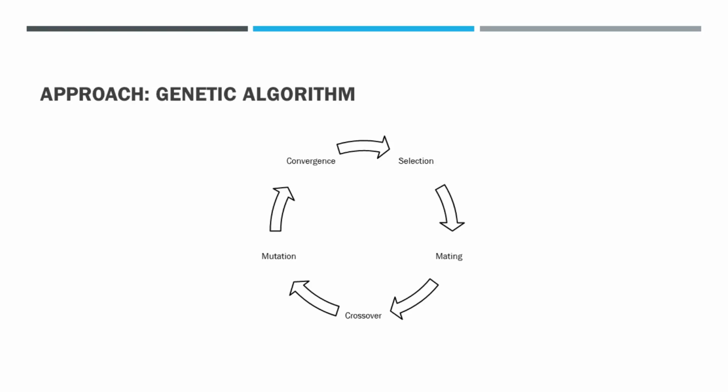Here you can see the overall cycle that a genetic algorithm will take, and we'll talk about more of the specifics of the approach that I took in this research in the coming slides.